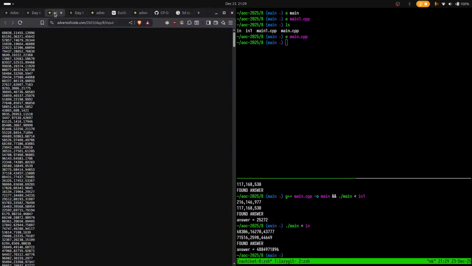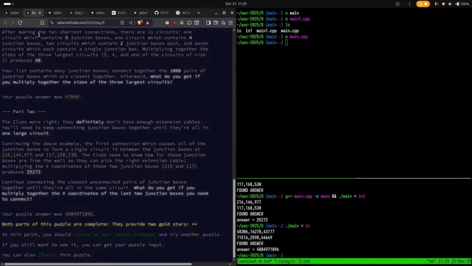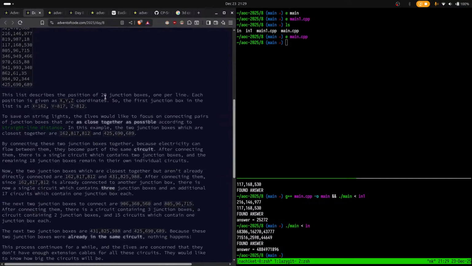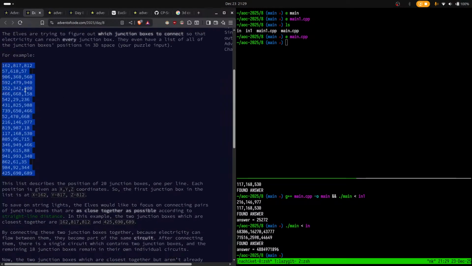So in this particular case, you are given three-dimensional coordinates, and if I had to explain the problem in short, you're given a set of coordinates in three-dimensional space, and you need to combine the shortest amongst them until the grouping had a single group. Like let's say you combine the shortest among these 20 pairs.